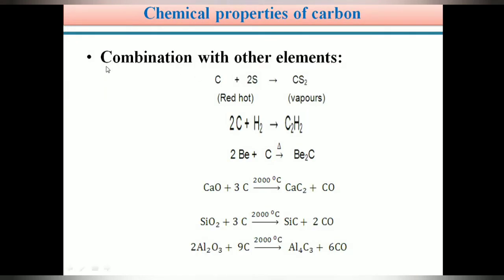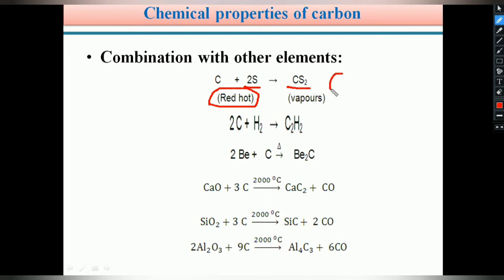Next chemical property, combination with other elements. Students, how does carbon react with other elements? When carbon is heated with gaseous sulfur, that is, whenever sulfur gas is passed through red hot carbon at high temperature, it forms CS2 vapors, carbon disulfide.